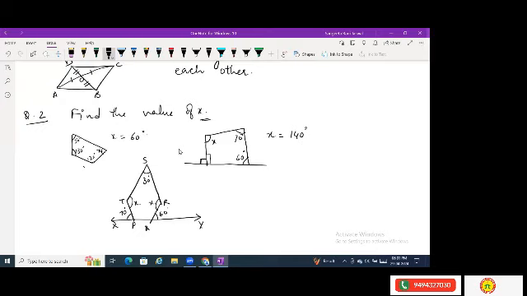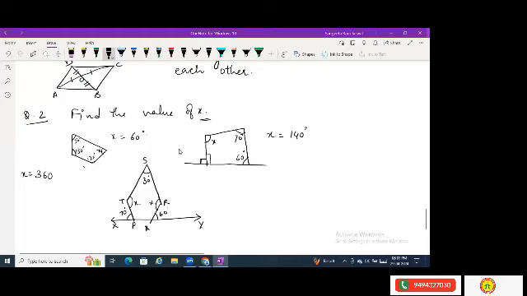See here, is the figure visible to you? Yes, ma'am. Okay, so you can see the figure is a quadrilateral, right? When you're talking of a quadrilateral, the sum of all four angles is 360 degrees. So we are asked to find the fourth angle. So the fourth angle is x.